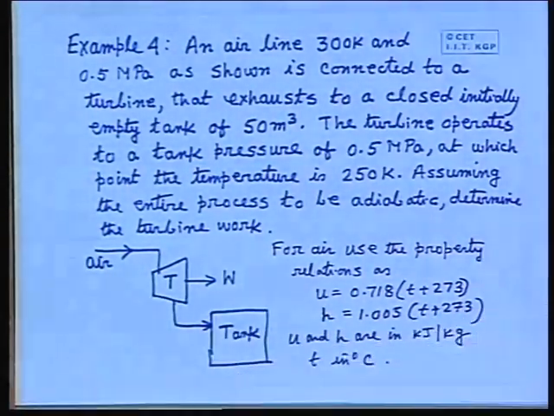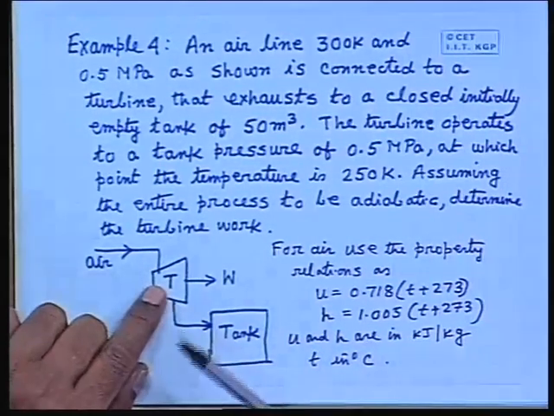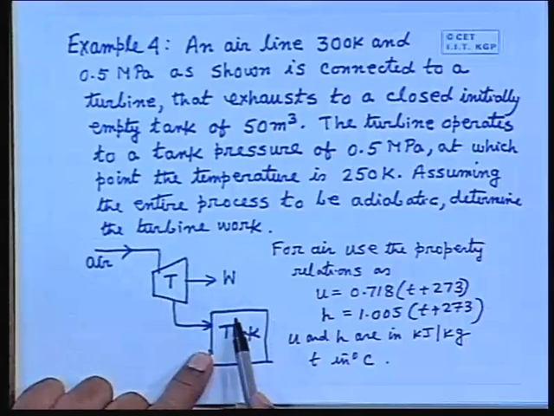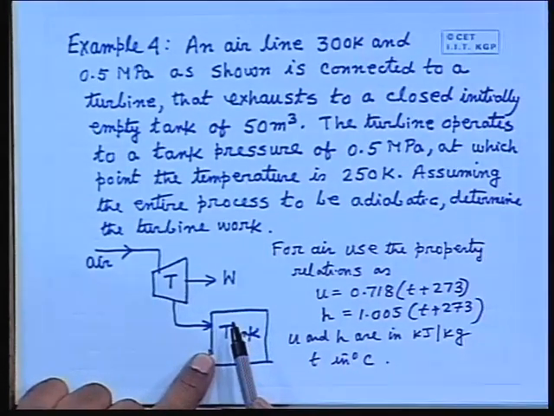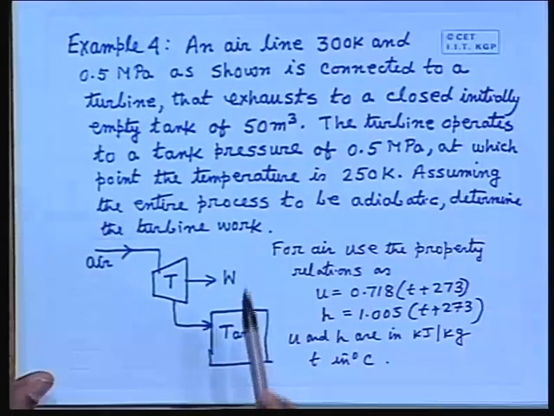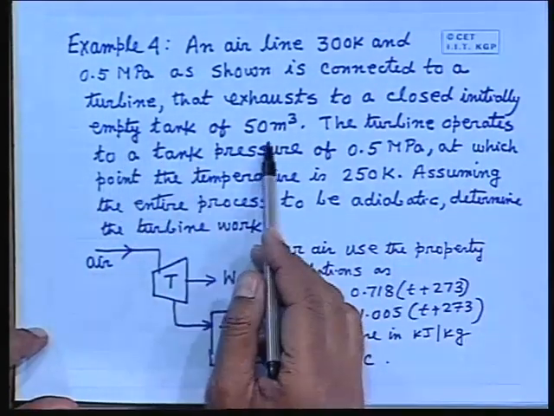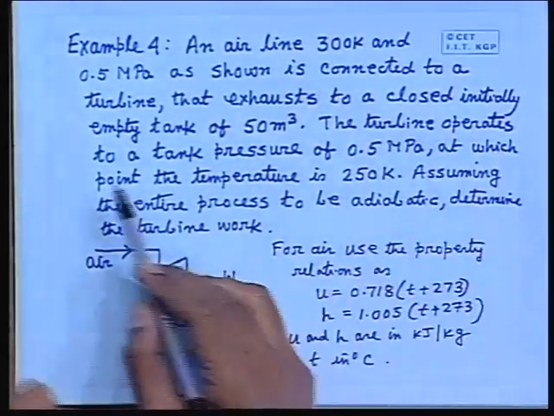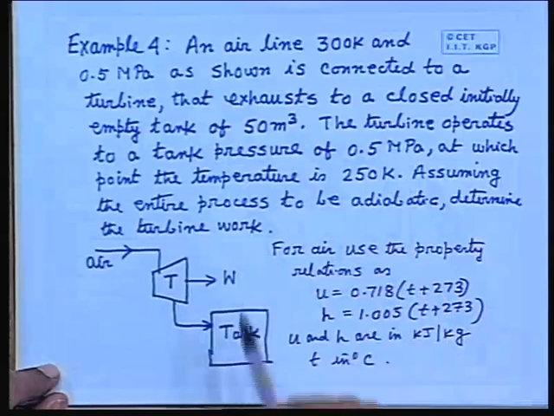Sorry, this one is the turbine. That exhausts to a closed initially empty tank. Almost the similar problem, but we ask a different quantity. Closed initially empty tank of 50 meter cube. The turbine operates to a tank pressure of 0.5 megapascals.